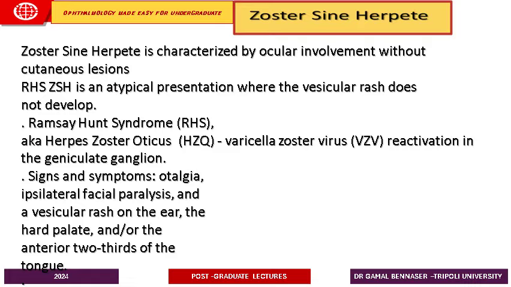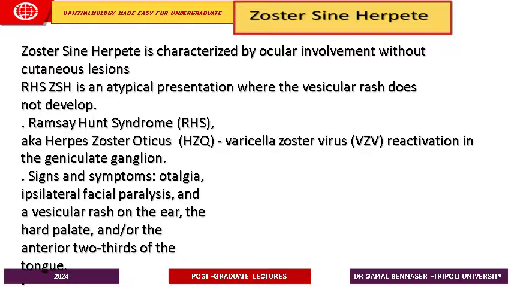Here, I would like to mention zoster sine herpete, which is an unusual presentation of herpes zoster. Now, if you face a question asking whether it is mandatory for herpes zoster to have a skin rash or skin lesion, the answer should not be yes, it should be no, because very rarely, sometimes you have herpes zoster without skin manifestations, and this is known as zoster sine herpete, and also Ramsay-Hunt syndrome, an atypical presentation where the vesicular rash doesn't develop in the skin, and it is usually due to involvement of the geniculate ganglion.